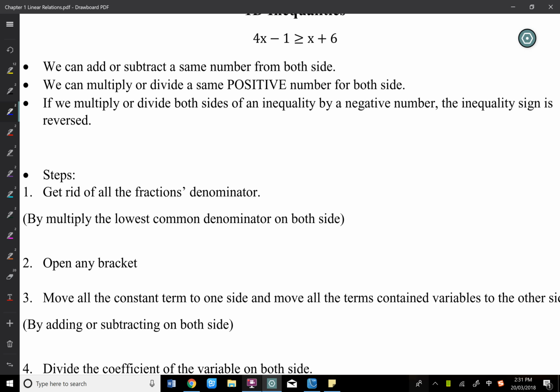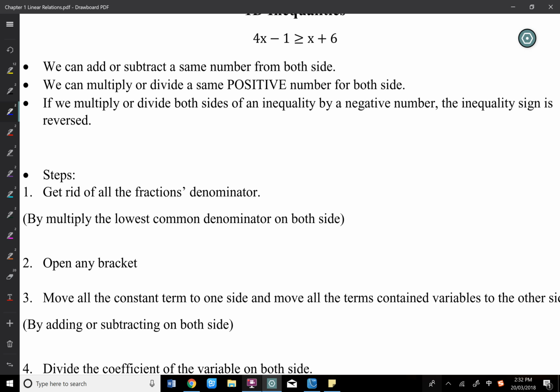But if it's an inequality sign, think about it like a balance where this part is a little bit heavier than this one. When you add the same weight on both sides, this side is still heavier than this one, so the inequality still remains the same.